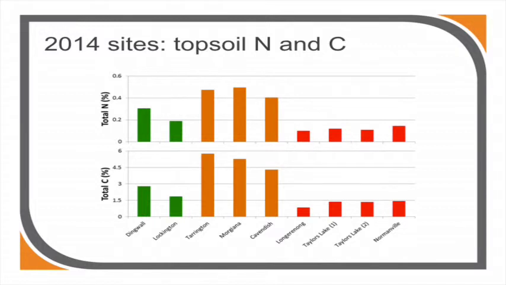So if we look in the green, these are our 2 irrigated sites. Our carbon and nitrogen levels are a bit higher than what we've got in red, which are our medium and low rainfall situations. But certainly in terms of our carbon and nitrogen levels, outstripped by a fair way by those high rainfall sites around Hamilton.